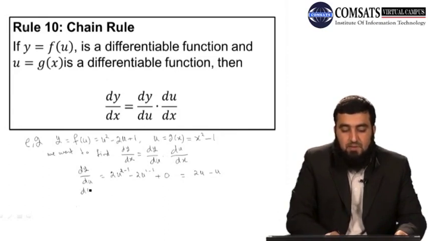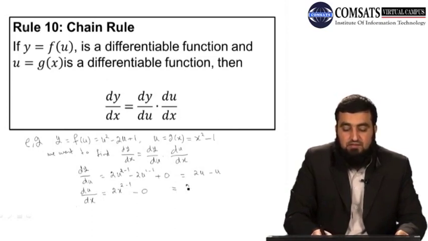So now you have a function x square minus 1, which is u, so you can take du by dx. So du by dx is 2x to the power 2 minus 1, and the derivative of constant function is 0. So this is equal to 2x. So we have from the last slide dy by dx is equal to dy by du into du by dx.